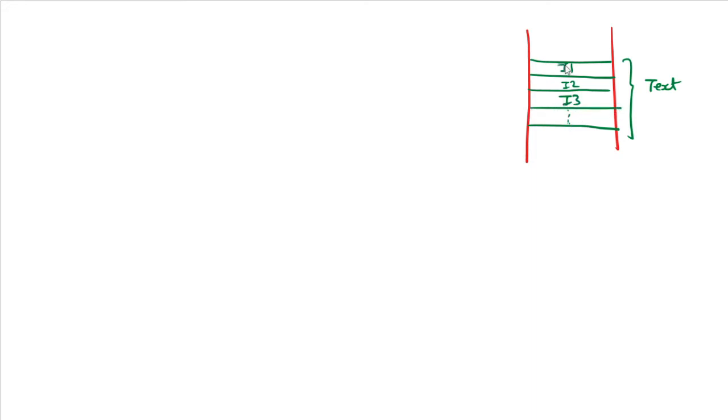Now the CPU fetches these instructions one by one. We also know that whenever the CPU wants to fetch an instruction, it sends the address. For example, instruction I1 has address A1, I2 has A2, I3 has A3. The CPU will send the address A1 to MAR.